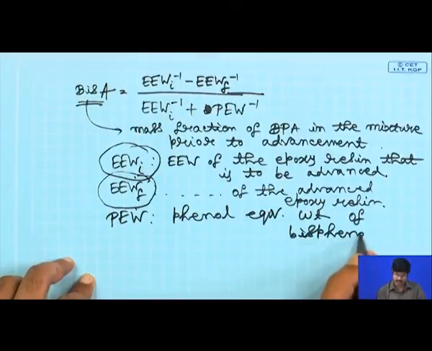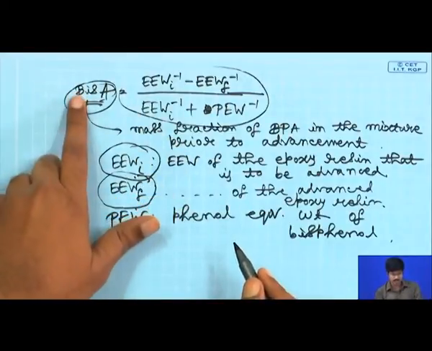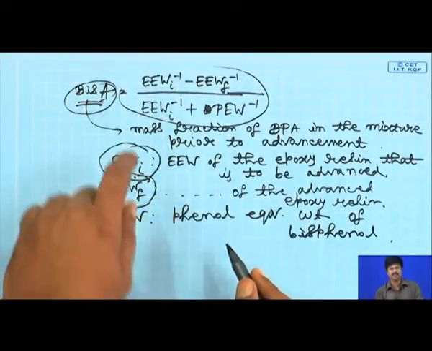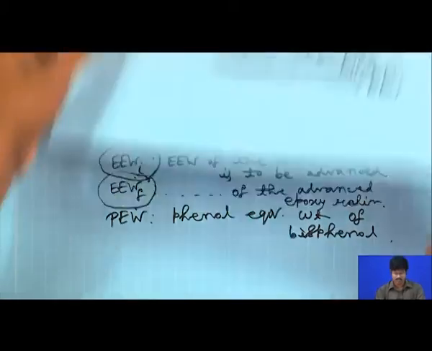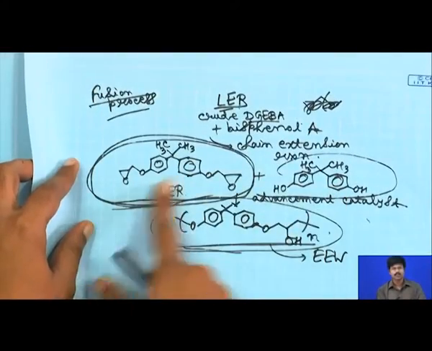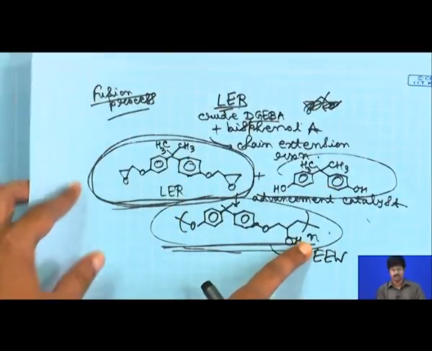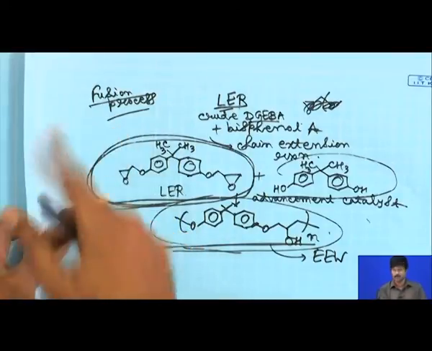All right. So, from this formula you can find out how much of bisphenol A you have to use in order to target a specific value of epoxy equivalent weight. In other words, this tells you how much of bisphenol A you have to use in the reaction with liquid epoxy resin in order to obtain a specific value of N for the fusion or advancement process.